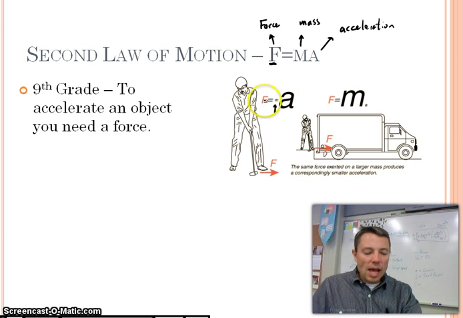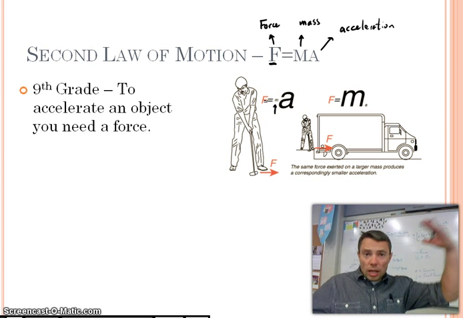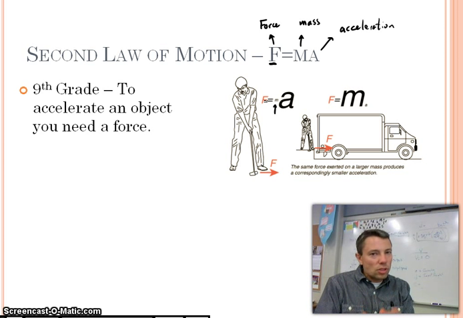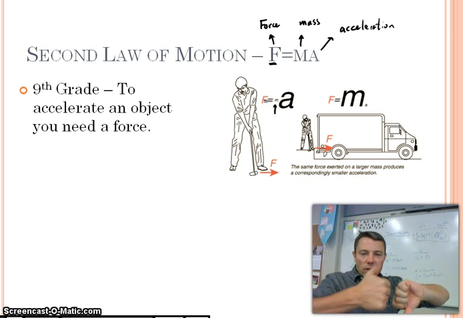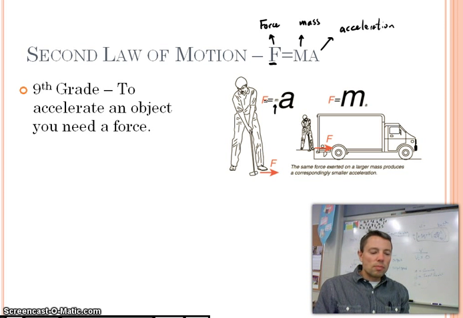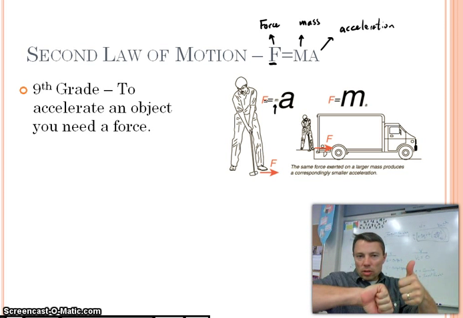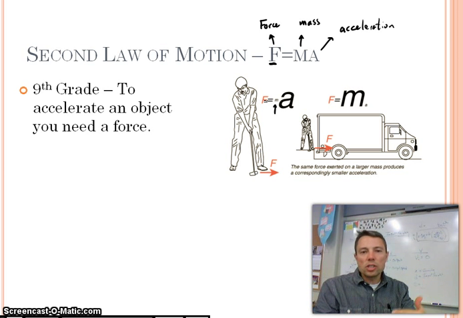If I use the exact same force on a big mass, I'm going to get very, very small acceleration. So the same force, when we have small mass, we get big acceleration. When we have big mass, we get small acceleration. You can see that is an inverse relationship. So the relationship between mass and acceleration is inversely proportional.